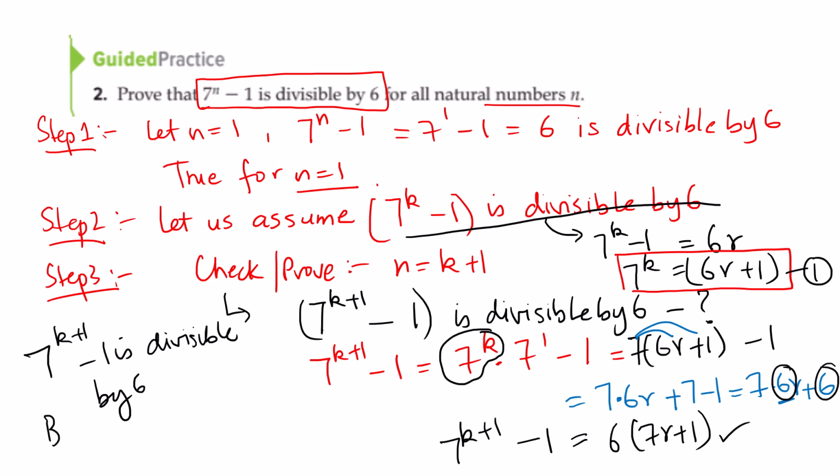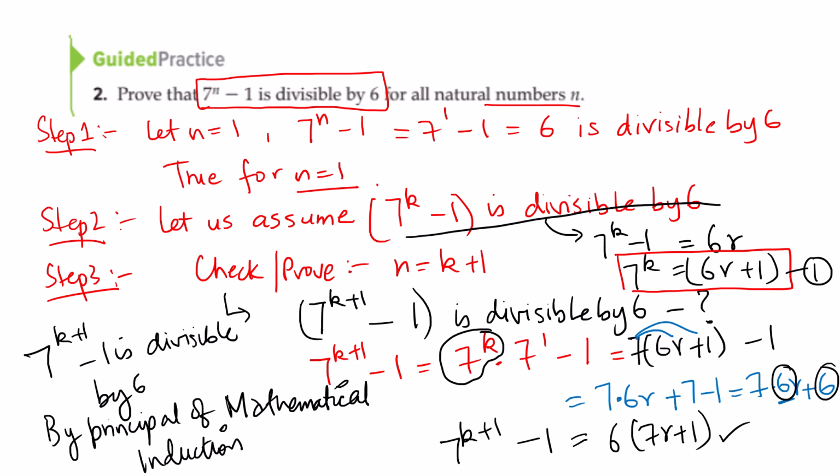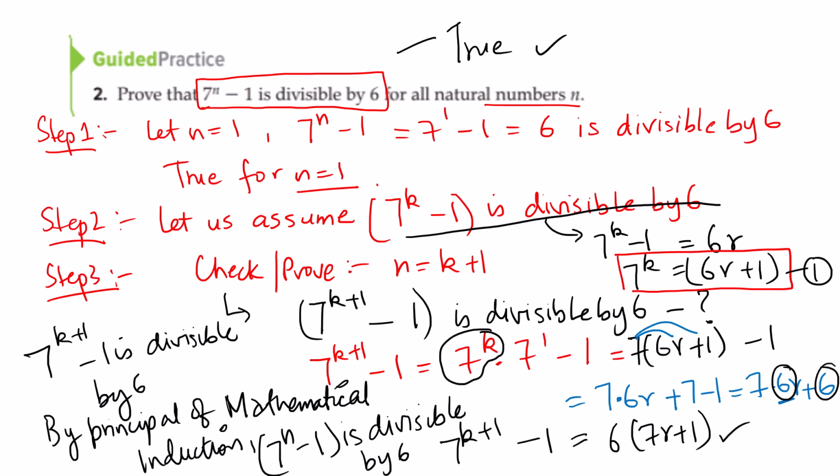So final answer, by the principle of mathematical induction, 7 to the power n minus 1 is divisible by 6. So this becomes true, hence proved. That completes the proof for this question.